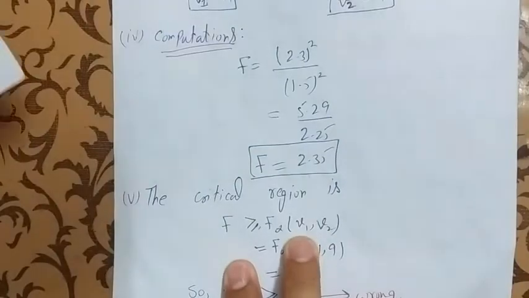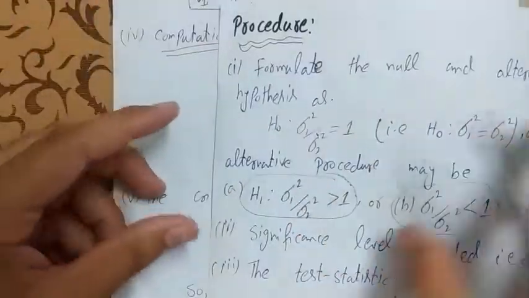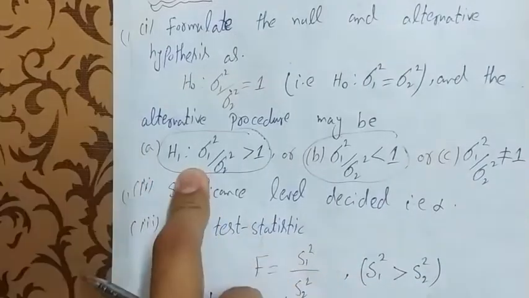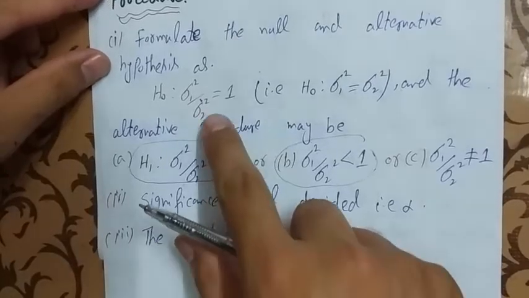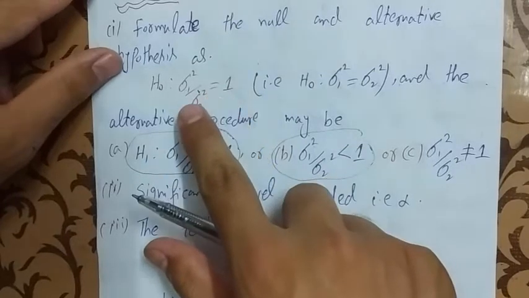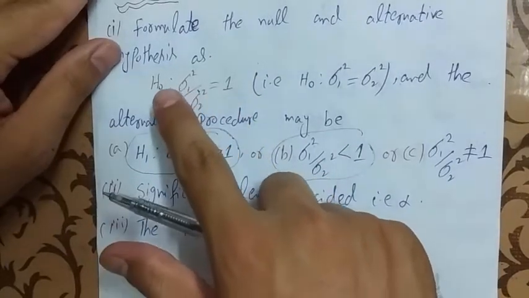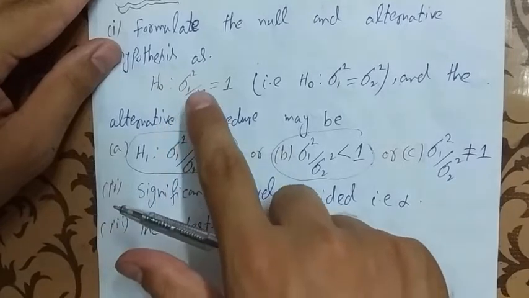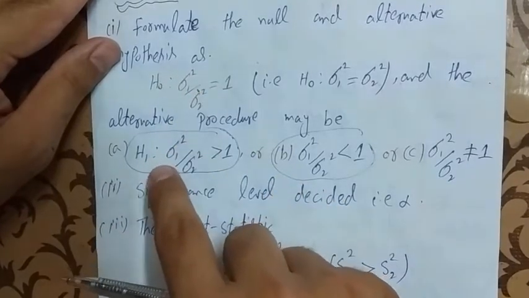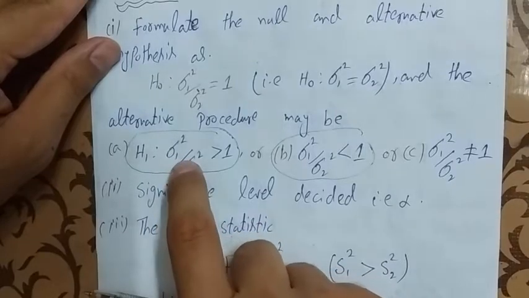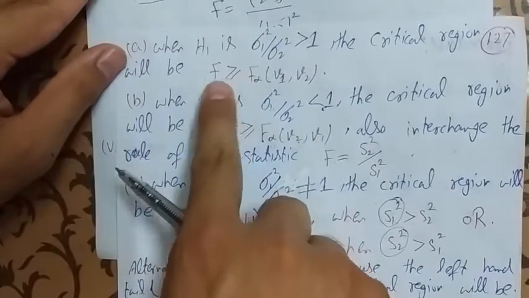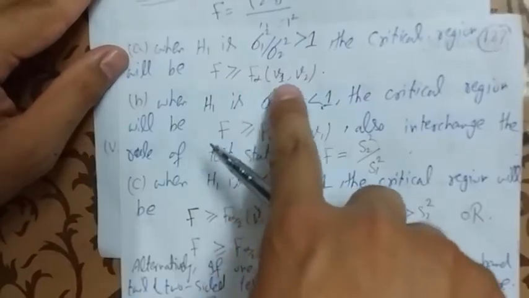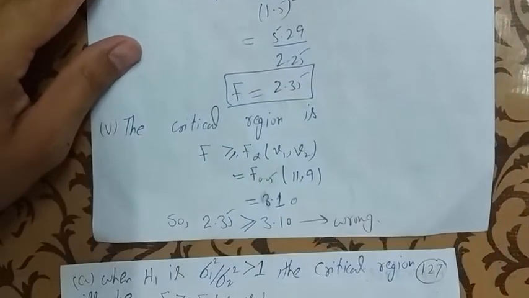If we use this alternative hypothesis, greater than 1, then its critical region is F greater than or equal to F alpha, nu 1 comma nu 2.